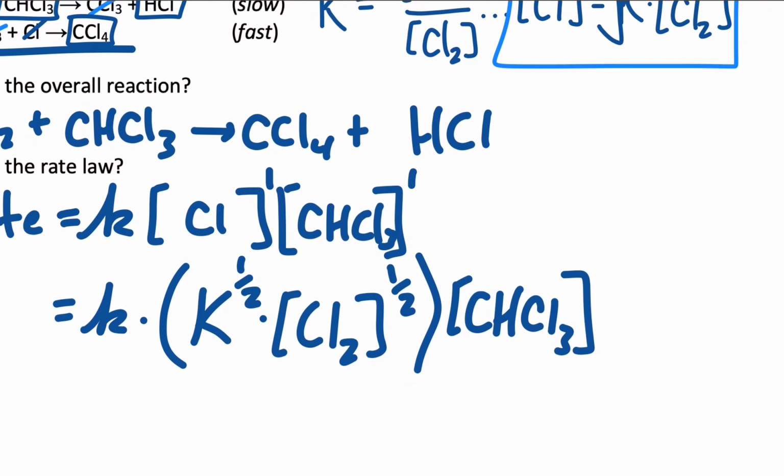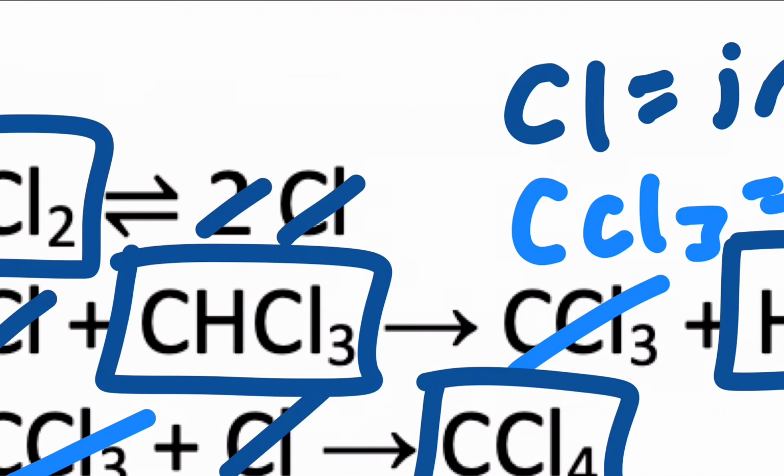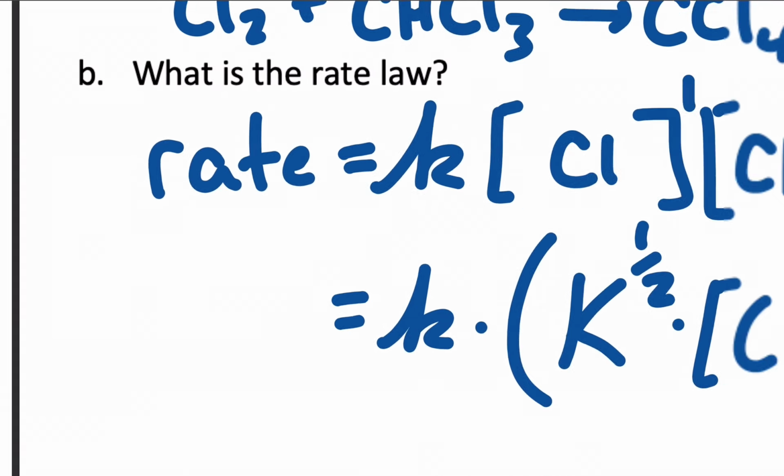Just to make life simpler, I have a rate constant that I'm writing as a generic rate constant for the second step. And then I have an equilibrium constant, which is really the ratio of the forward and reverse. Remember, that's actually K1 over K negative 1. But I'm just going to combine all those.